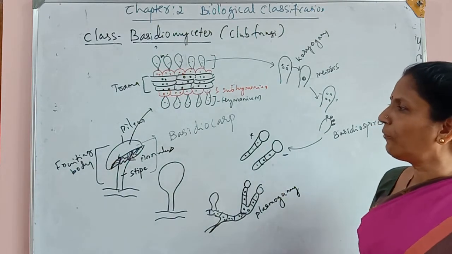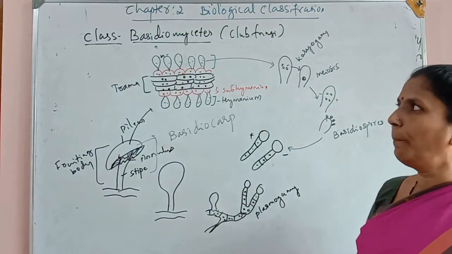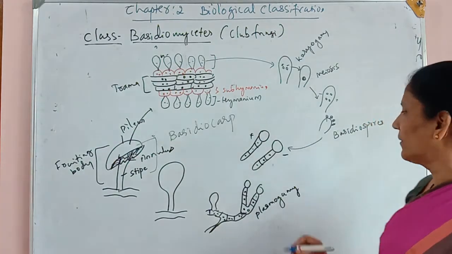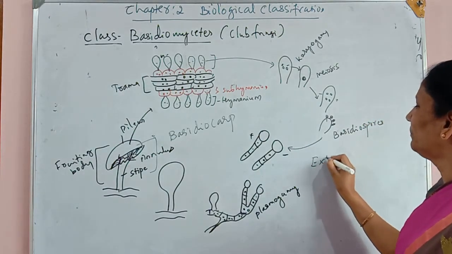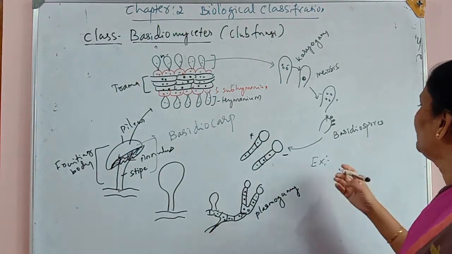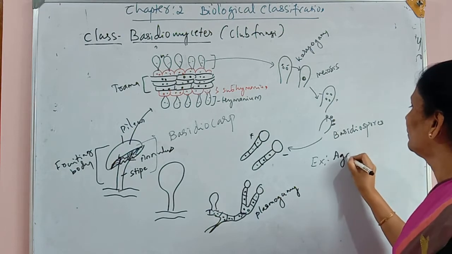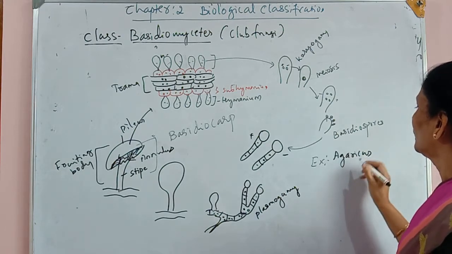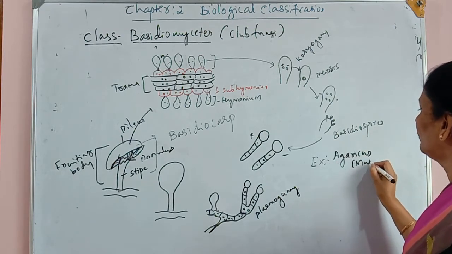Examples for this group, class Basidiomycetes: one is Agaricus, which is also called the mushroom.